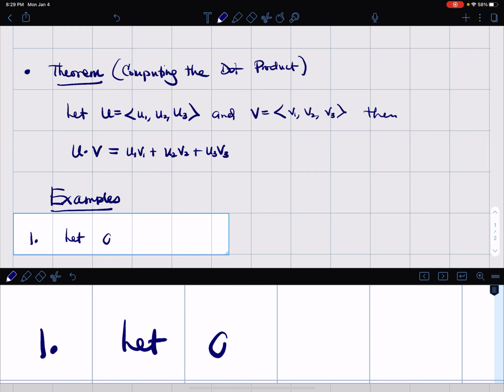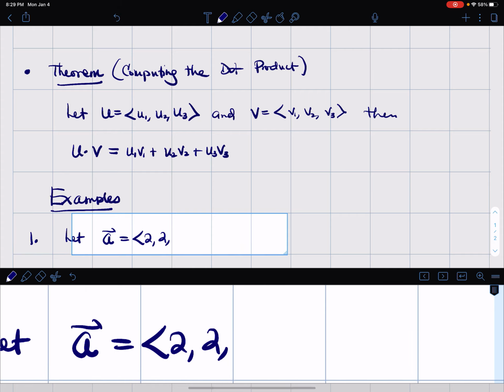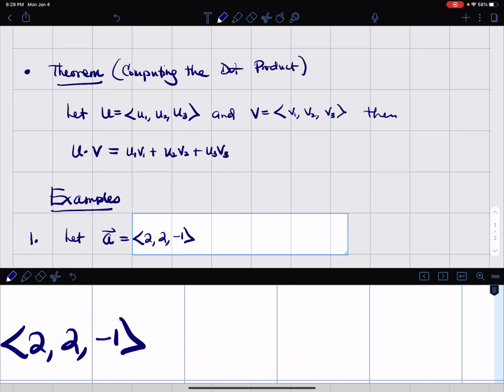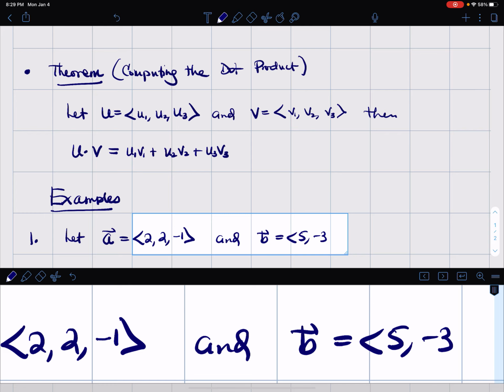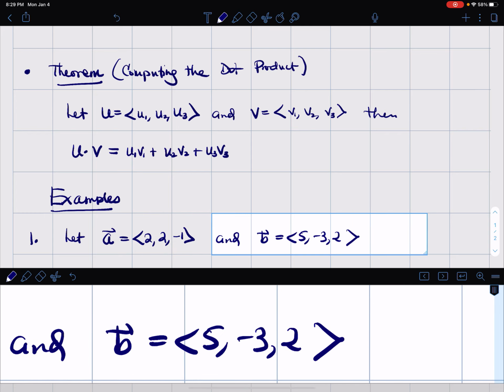If we let A be 2, 2, negative 1, and let B, the vector B, be 5, negative 3, 2. Okay?